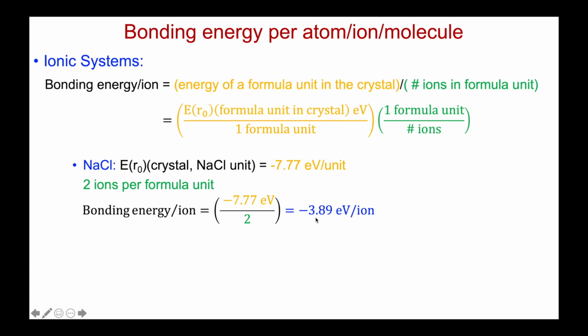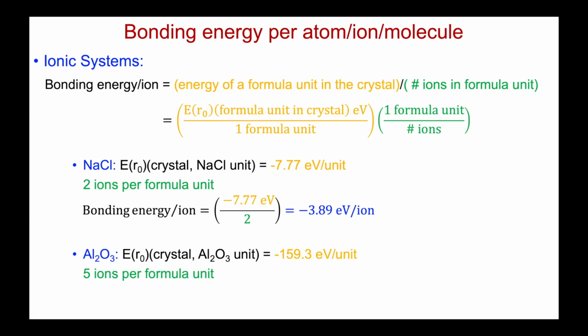3.9 eV per ion. We don't have to start counting all of the bonds around each ion, as we did for the neutral systems, because that's already been factored in calculating the energy of each unit in the crystal through the Madelung constant. So this number has already corrected for the coordination number issues.